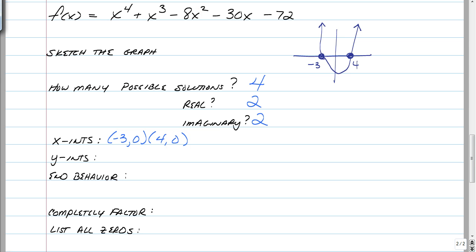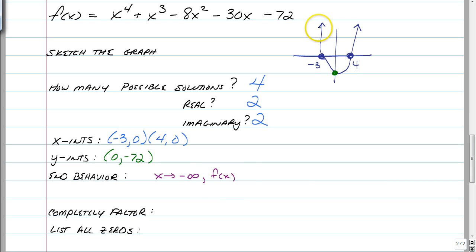So what about our y-intercept? Well, if you were to look at your table on your graphing calculator, you will find out that that is 0, negative 72. And now we got to go back to end behavior. As x goes to negative infinity, also known as the left, where does the graph go?